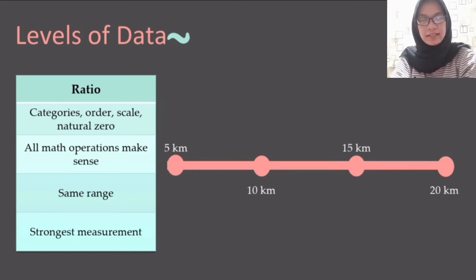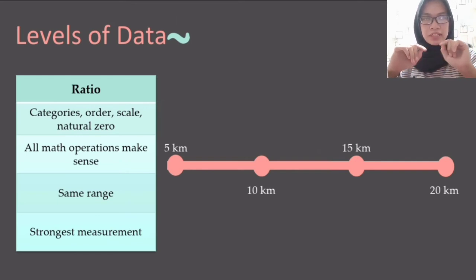For example, length. I have the example here. There are 4 points, and 1 point represents 5 kilometers, and then if we go to the second point, it will be added 5 more.